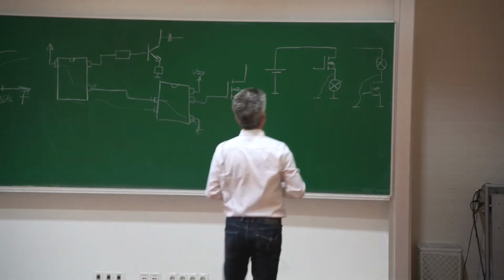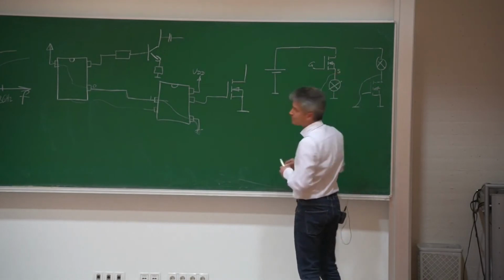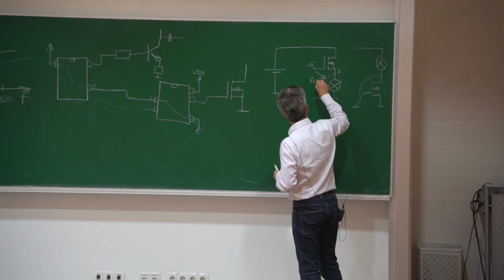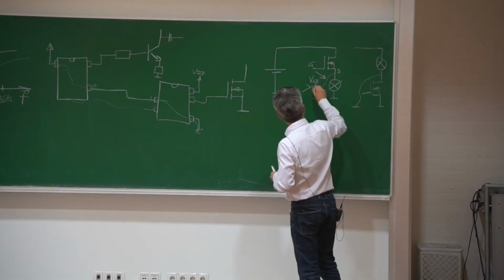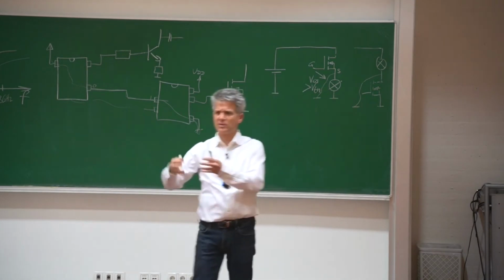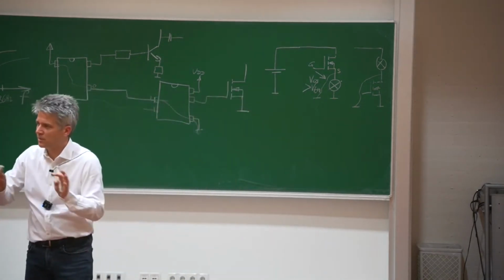So actually, I need a voltage difference between the gate and the source. So a VGS which is bigger than the VTH, the threshold voltage. And the threshold voltage depends on whatever the transistor is, a couple of volts.